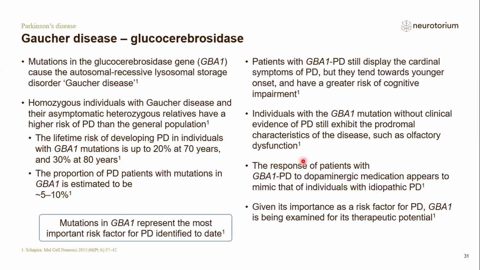Then, of course, I talked about the GBA1, which is the glucocerebrosidase. And in the gene, I talked about it, once it is affected, you have a predisposition to Parkinson's disease. Usually I saw one case when I was an undergrad.